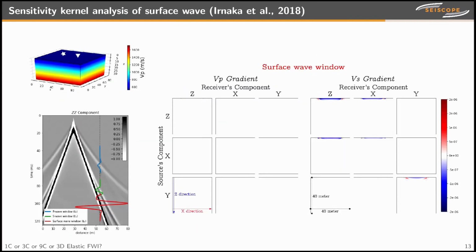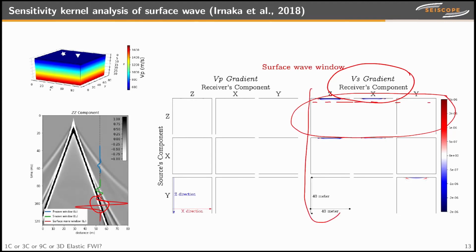And those experiments and our observation regarding the horizontal component remind me of our previous research regarding the sensitivity kernel analysis of the surface wave, where we try to plot the sensitivity kernel of only the surface wave here, and to see on the VS gradient, we can see that here when we use the vertical component, we have really less penetration depth. Even here when we use the vertical component as the receiver component, the penetration depth is still quite shallow.